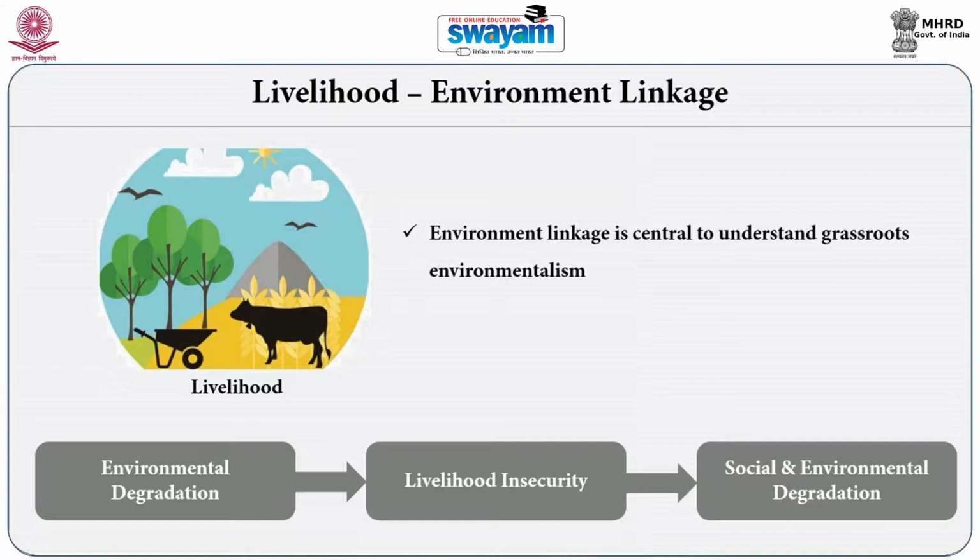So what is essential to understand the origin of environmental movements in the global south is the linkage between livelihood and environmental degradation. Environmental degradation leads to loss of livelihood, leads to livelihood insecurity, and livelihood insecurity results in greater mobilization against industrialization as well as against environmental degradation.